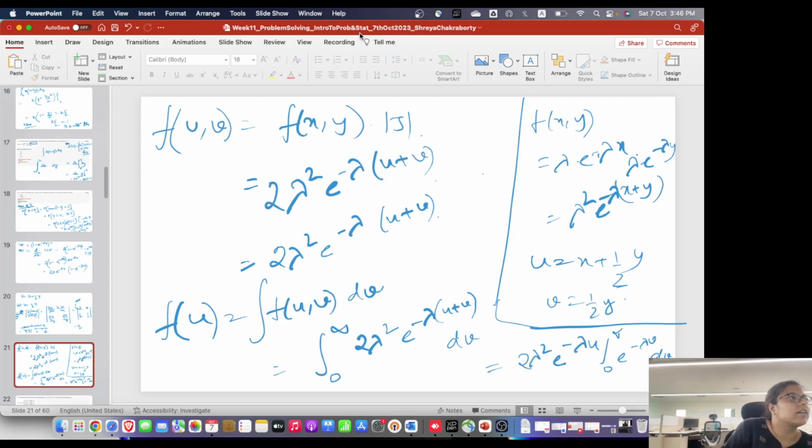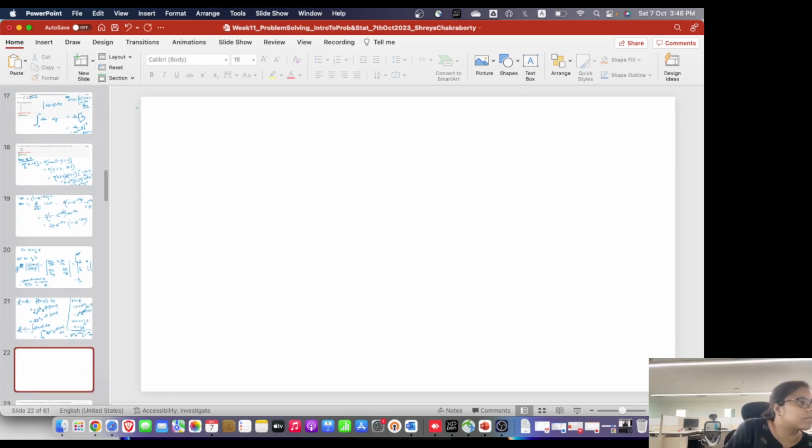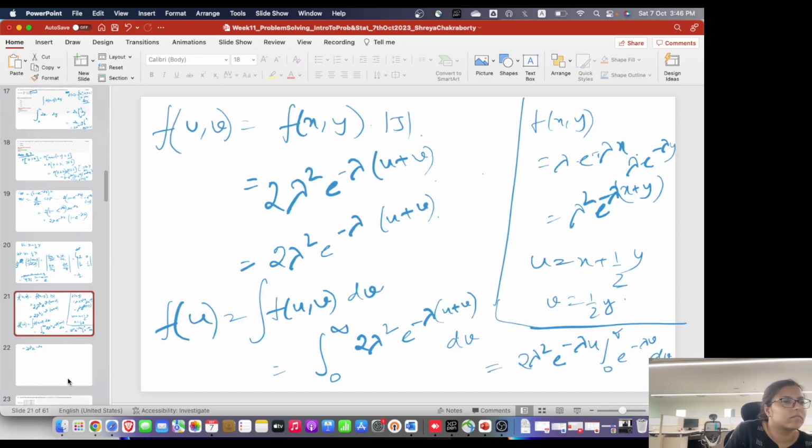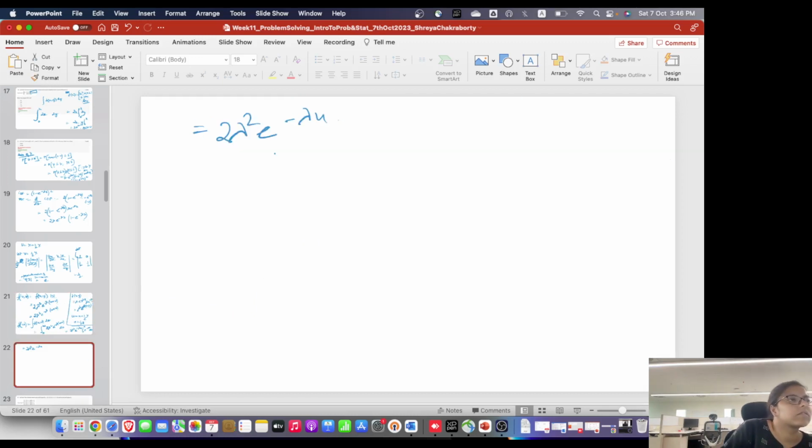Alright. Now that is equal to 2 lambda square e to the power minus lambda u, times e to the power minus lambda v by minus lambda, from 0 to infinity.